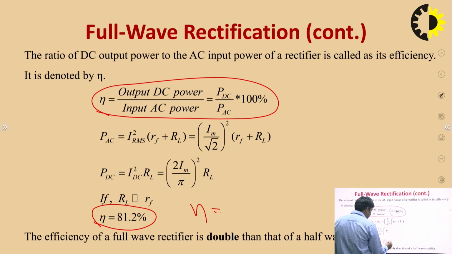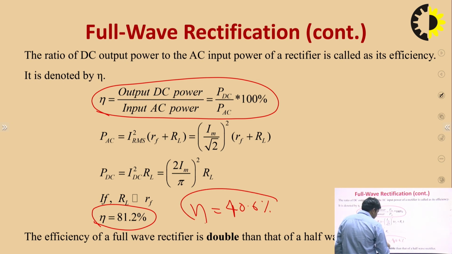But in the half wave rectifier circuit, what is the efficiency? That one is 40.6%. That means less output power is rectified in the half wave rectifier circuit, but in the case of the full wave rectifier circuit, it is 2 times that of the half wave rectifier circuit.